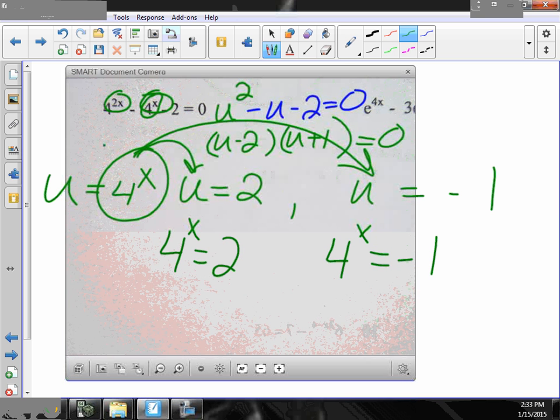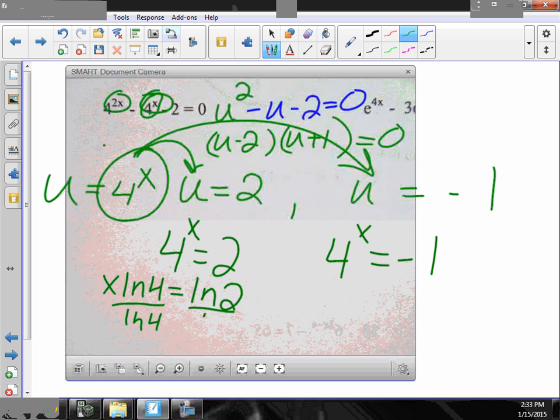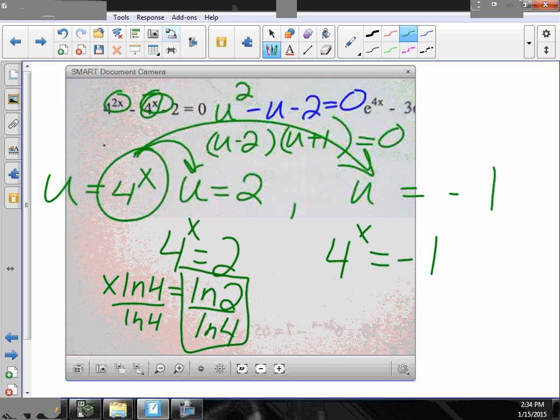So how do you solve this? ln both sides. So x ln 4 equals ln 2. Divide by the ln of 4. Now, before you solve this, if this is the change of base version, what would the regular logarithm look like?